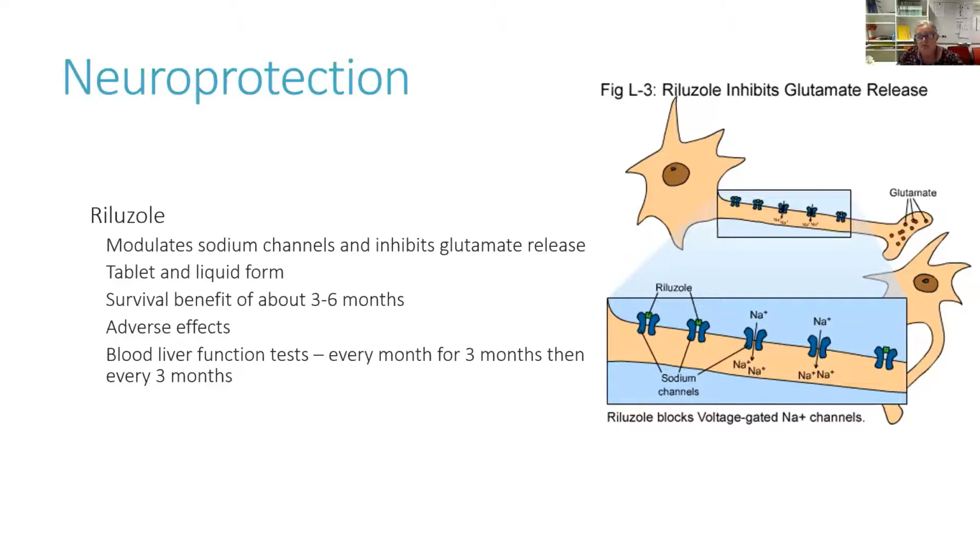So if you're on Riluzole, make sure that your GP is doing regular blood tests for you, just to check on your liver. Okay, because this can affect your liver, but if it shows that your liver function tests are raised, then it's just a matter of stopping this medication, and your liver results always return back to normal.